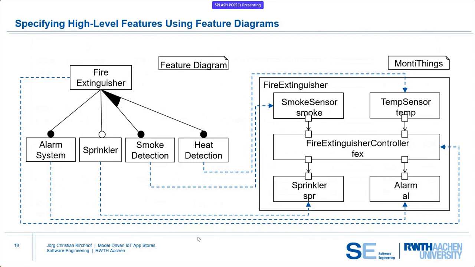And we can also then, using this feature diagram and the information that we have about the system, for example, propose useful configurations to the user. For example, give me the maximum feature configuration that's possible with the hardware I already own, instead of leaving them with the blank feature diagram and then letting them choose what they want.